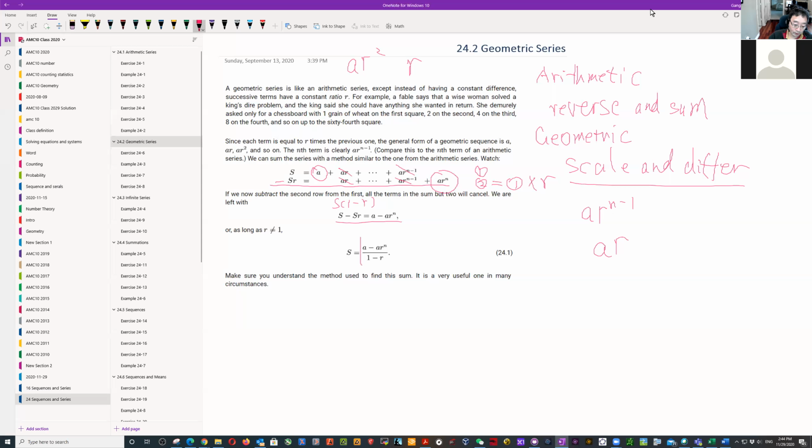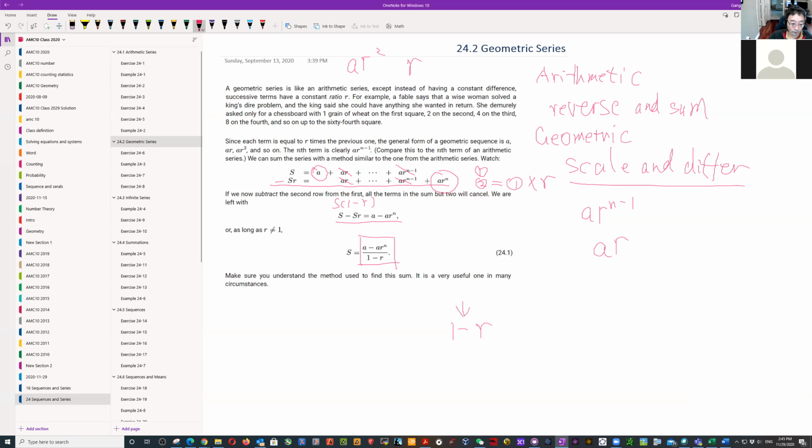This formula is actually very easy to remember if you understand the mechanism of this calculation, scale and difference. That's why you get 1 minus R, because the sum was scaled. The minus you have to remember because it's called difference.